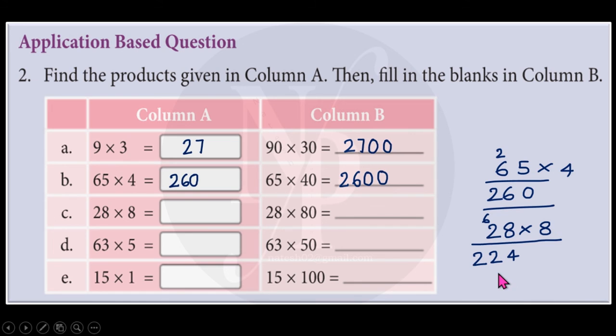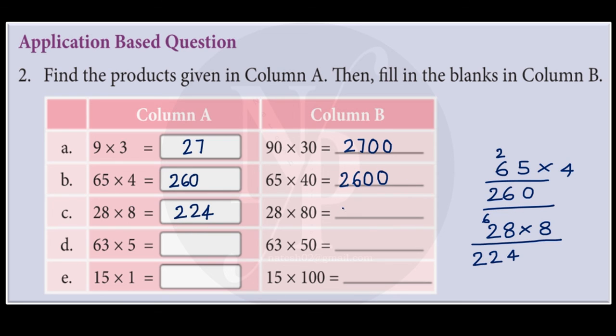Therefore, 224 is the product of 28 and 8. Let us write this answer in the box given here, that is 224. In column B, we have 28 into 80. So now we will write down this product, that is 224.